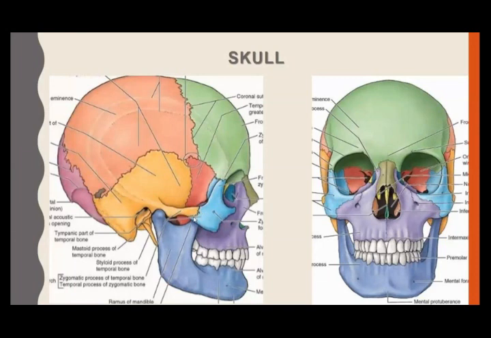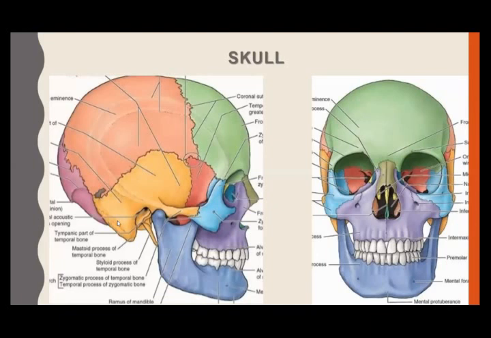Since the temporal bone is forming the zygomatic arch, this part of the temporal bone is called the zygomatic process of the temporal bone. It is a bit of a tongue twister, but if you just see the sutures and remember the names of the bones, nothing will be difficult.